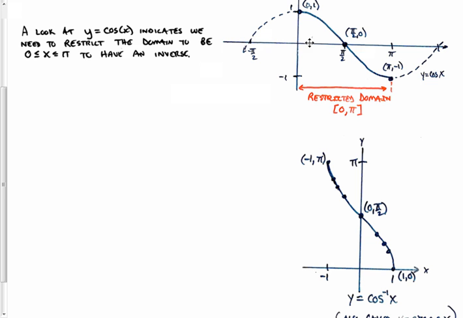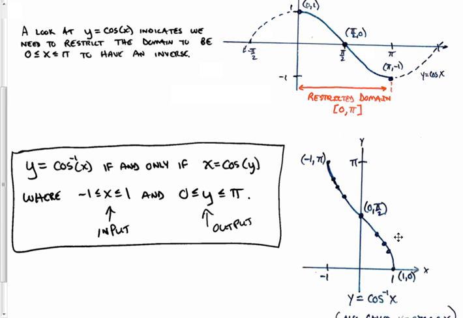So what was the domain here ends up being the range here, and what was the range here between -1 and 1 ends up being the domain here. So for instance, the point (π/2, 0) is on this graph, so (0, π/2) is on this graph. And this is what the inverse of this function looks like.